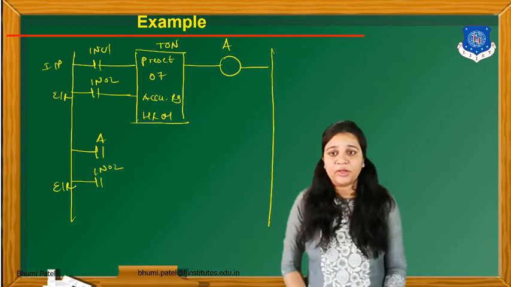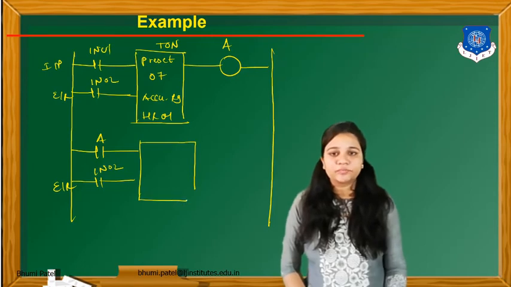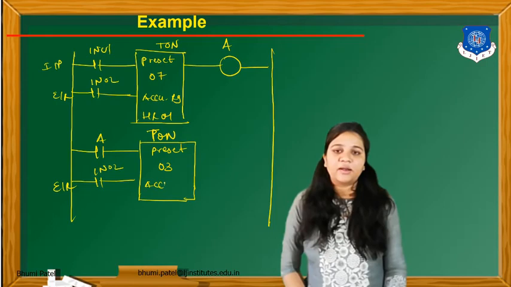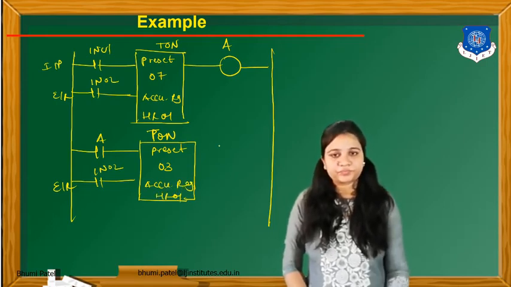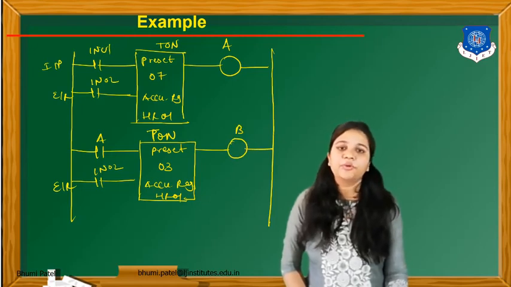This is my enable or reset. And for the B mixer, this is my T-on timer, and this is my preset value, that is given 3 seconds, and we can write here accumulator register HR01, and after the 3 seconds B goes on.